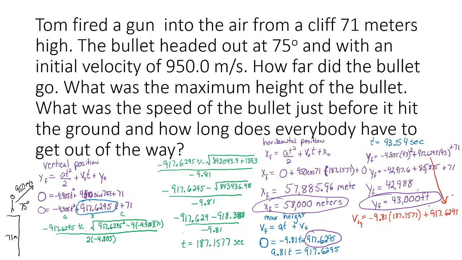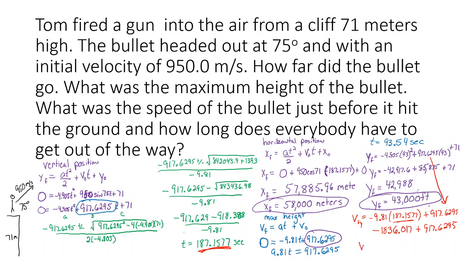Okay, so now we'll take our 187. And by the way, I got this 187 number for total time right there, and I'm just plugging it into the motion equation. 187.1577 times 9.81 gravity gives me negative 1836.017 plus 917.6295.